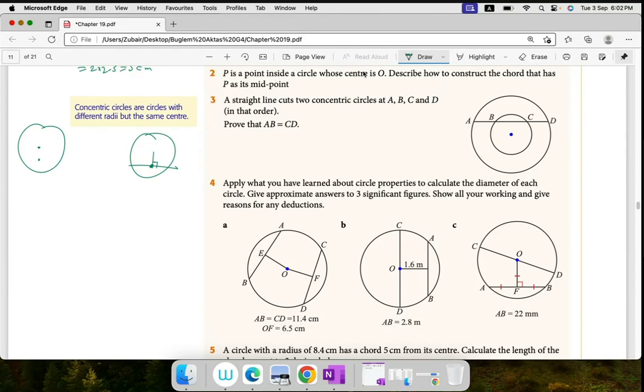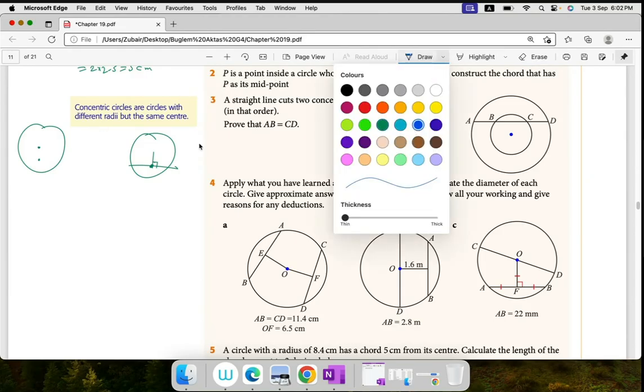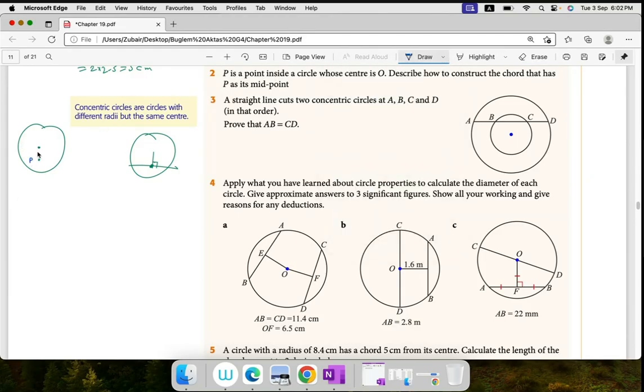So one thing is I can draw the radius passing through P. If this is P, from the center to this is P. And now I can place my ruler, and we have markings on the ruler which are 90 degrees to the line. So we can just place the ruler and mark 90 degrees and draw this.